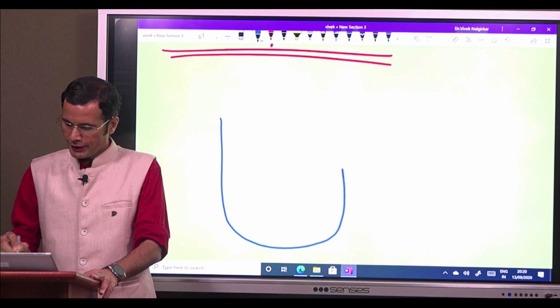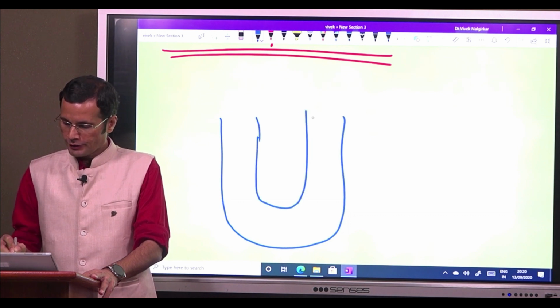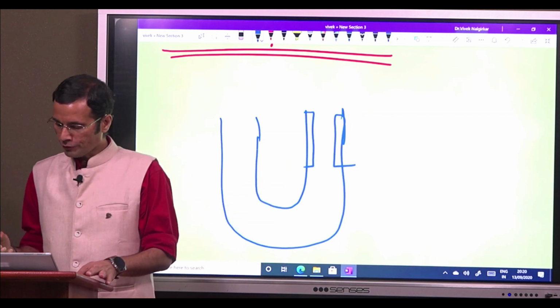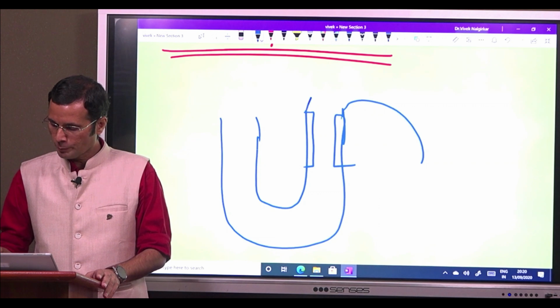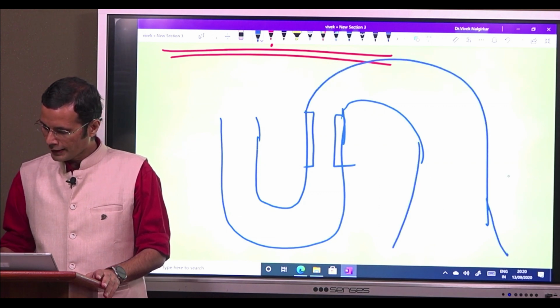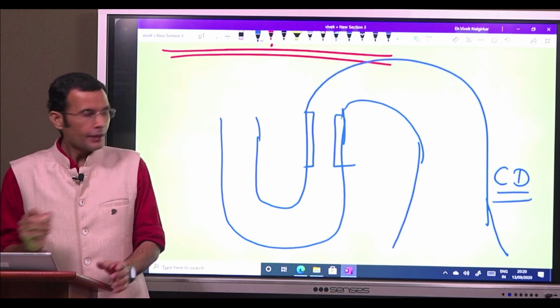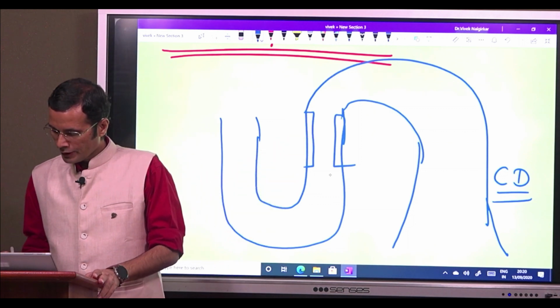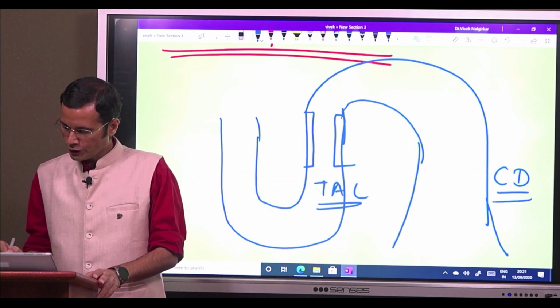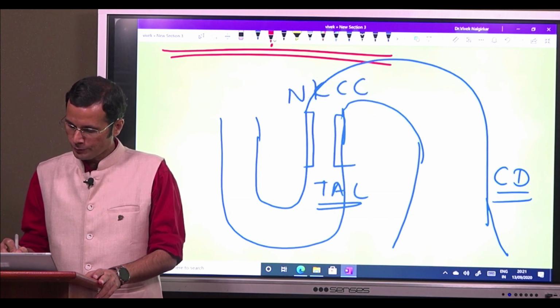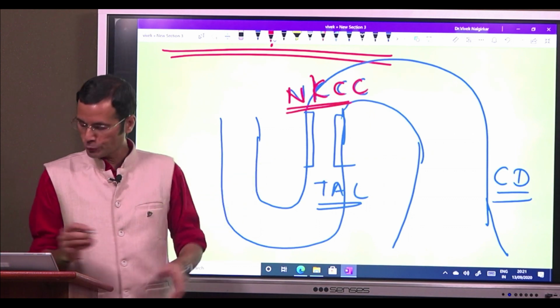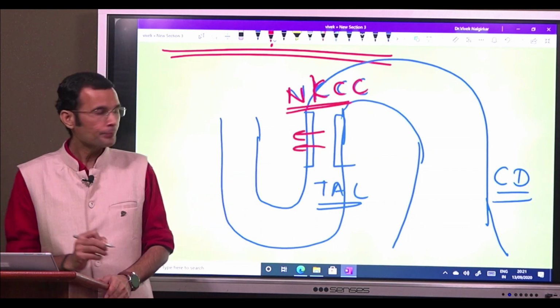Here is a loop of Henle. Here is the thick ascending limb of the loop of Henle. Then this is the distal part of the nephron, and this is the collecting duct. The thick ascending limb has a transporter called the NKCC transporter, the sodium potassium chloride co-transporter. It reabsorbs sodium, potassium and chloride.